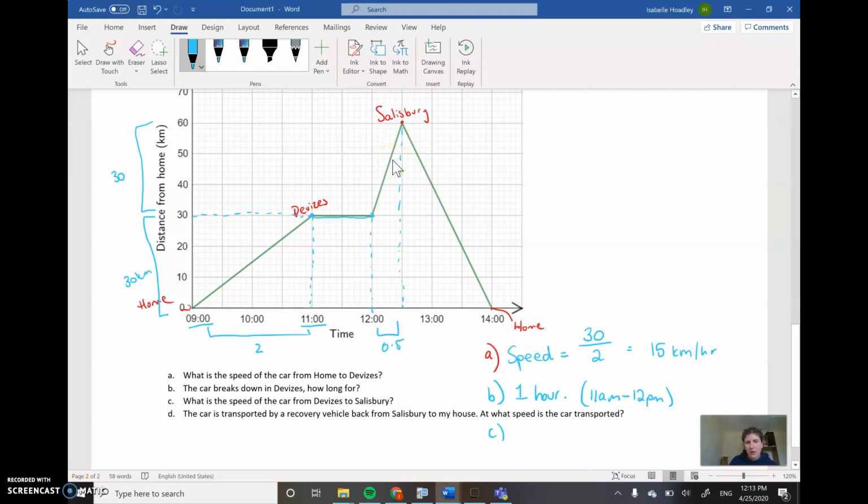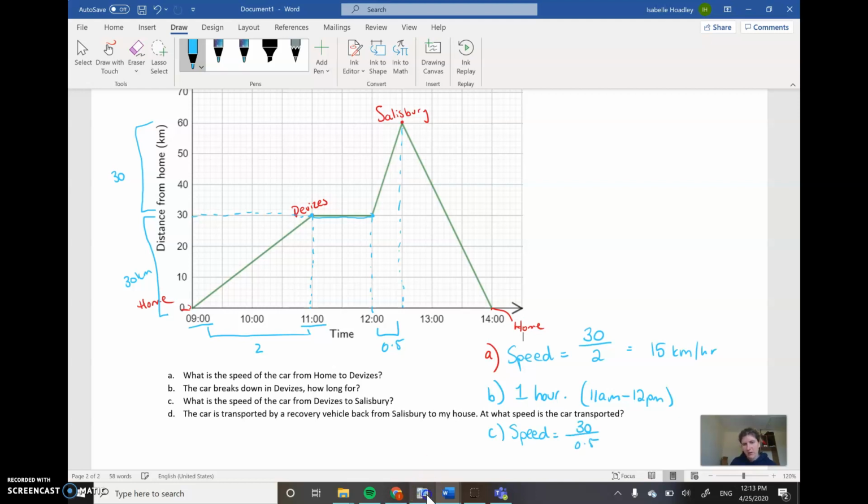I'm using 0.5 because you're not dividing by 30, you want to convert it to an hour, and we know that's half an hour, so 0.5 of an hour. So 30 divided by 0.5, so my speed equals 30, my distance, divided by my time, half an hour.